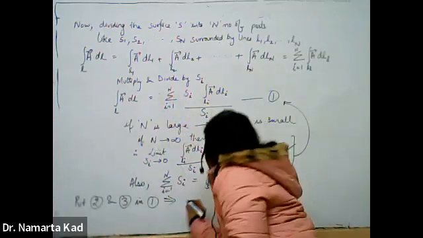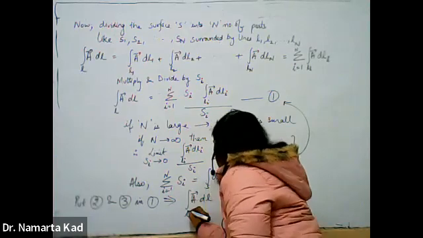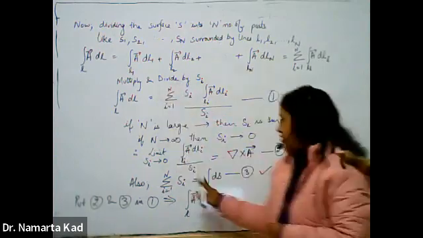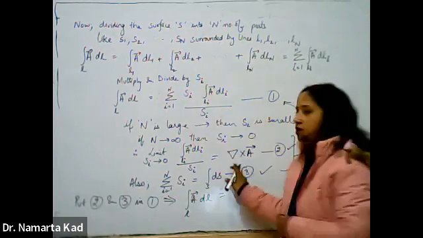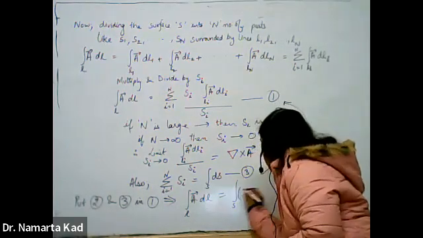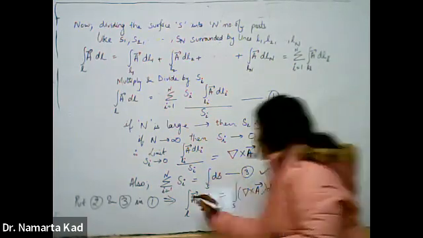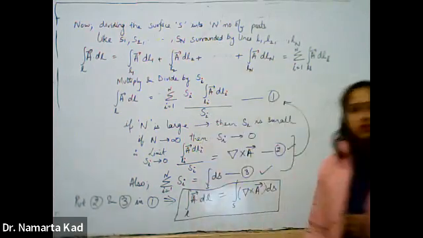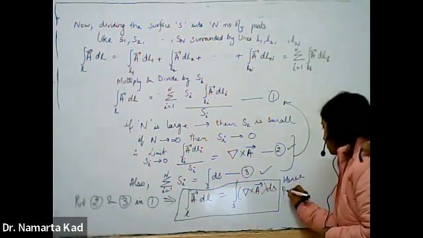On the left hand side it is A vector dot dl, that is the line integral of a vector, and it is equal to, now this becomes your surface integral and this becomes your del cross A. So this is the surface integral of del cross A, and this is the final proof for Stokes' theorem. Hence proved.